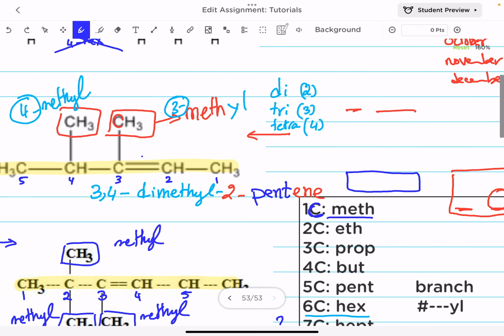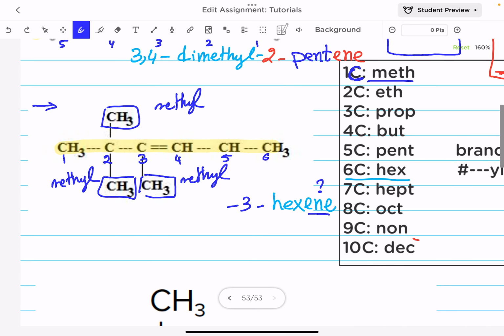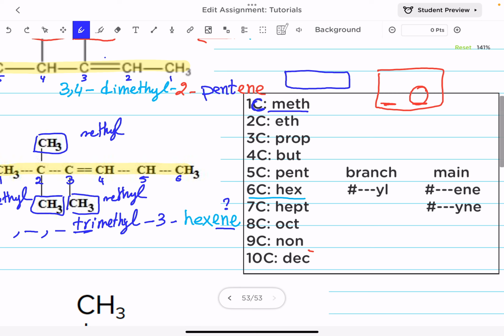As I mentioned, if you have 3 branches of the same name, you are going to write trimethyl. You're not going to write methyl, methyl, methyl 3 times. However, since you have 3 branches, I need to see 3 numbers at the beginning of the name because every branch begins by a number.